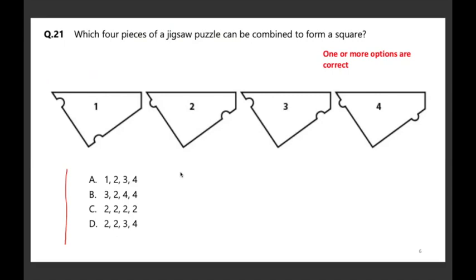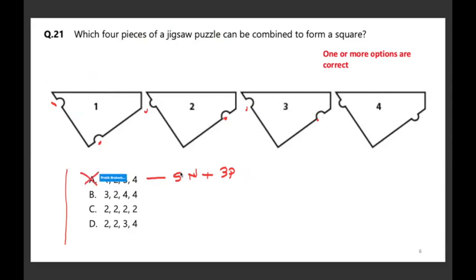First says 1, 2, 3, 4. In the case of 1, 2, 3, 4, this is called a negative, and this is a positive. Using all of them, we have 5 negatives here, and we have 3 positives, which don't fit together.